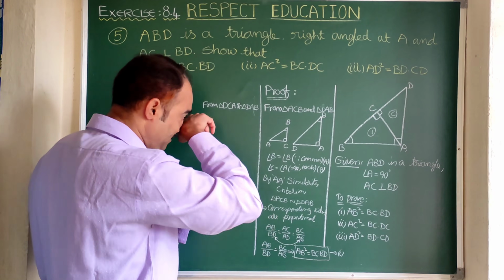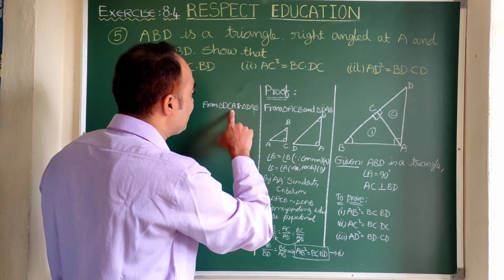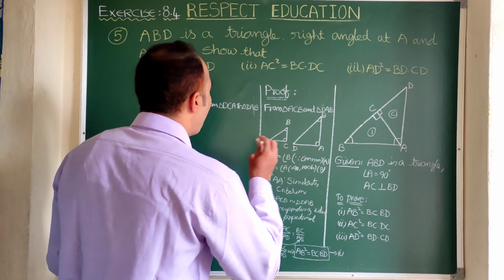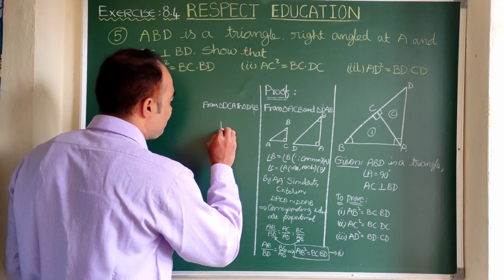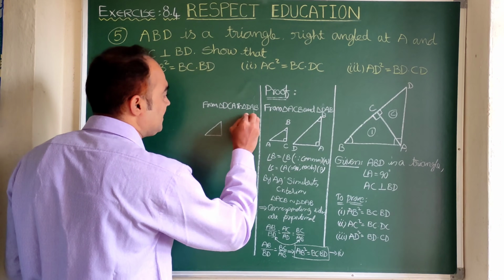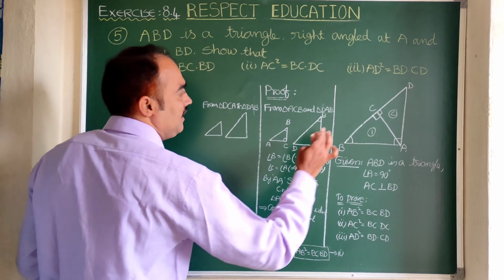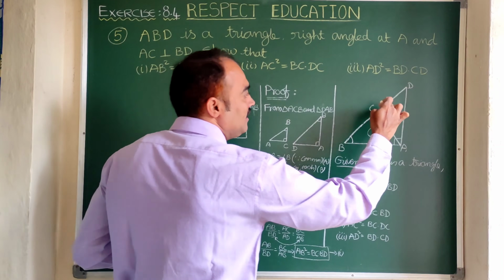So let us compare the second son with the father. Now let us separate them. He is the second son and he is the father. Let us see which is common.